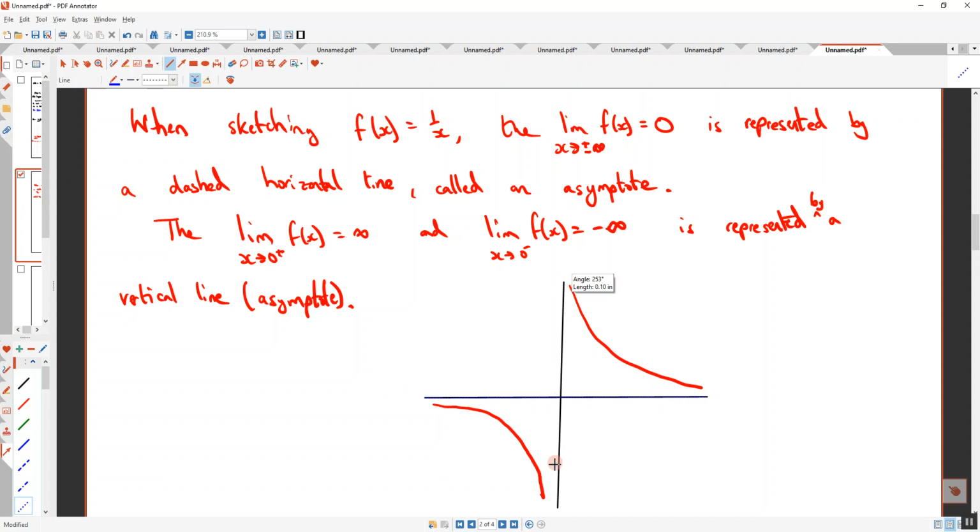Okay, so it will become more clear whenever we do these when they're not on the axis, but you want to have your dotted line drawn in for your asymptotes, okay?